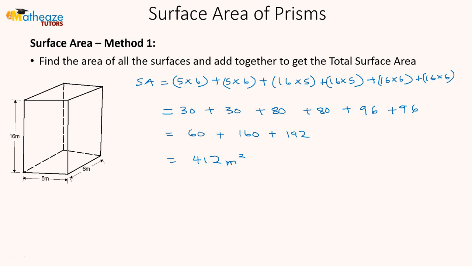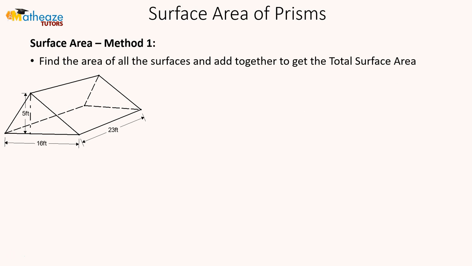And finally, for method 1, we have a triangular prism, and so we're going to look for the area of each of the surfaces. So surface area is equal to, for this surface right here, a triangle is 1/2 base times height.